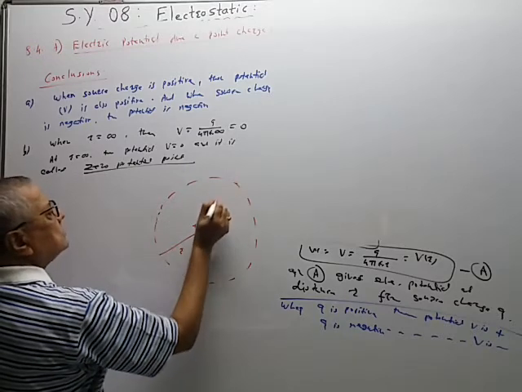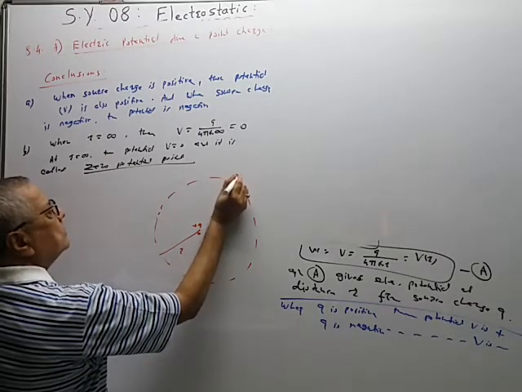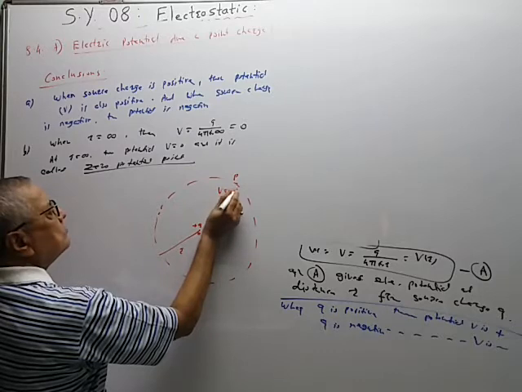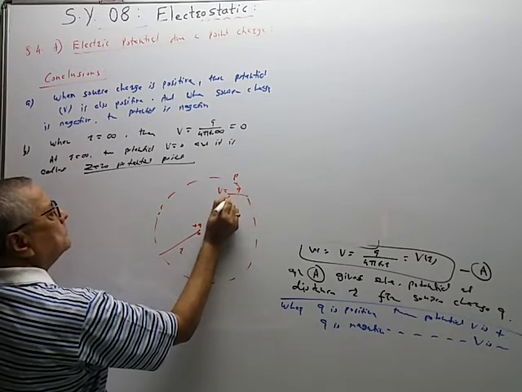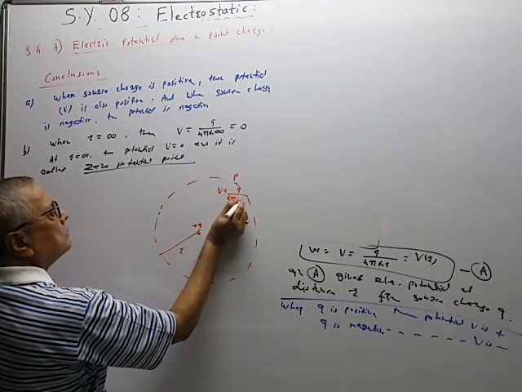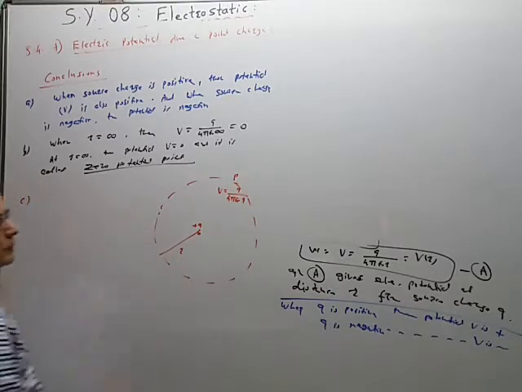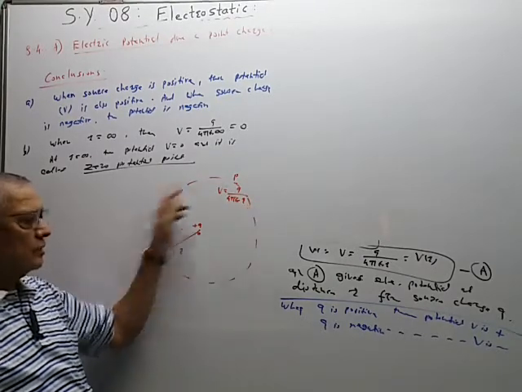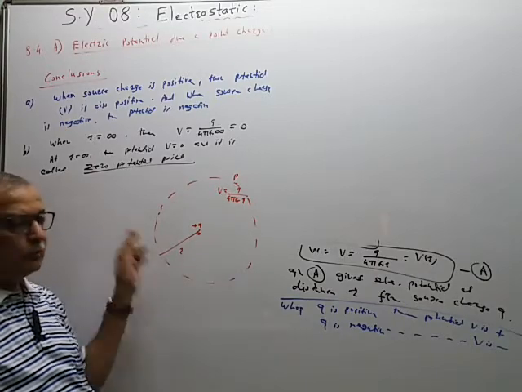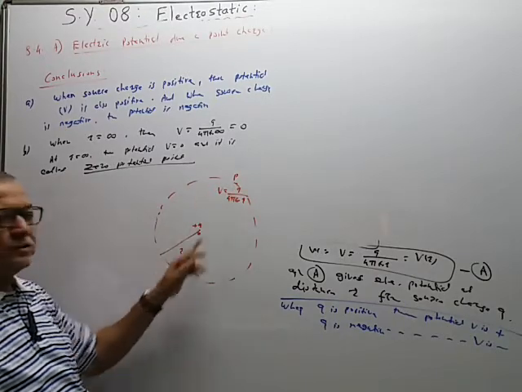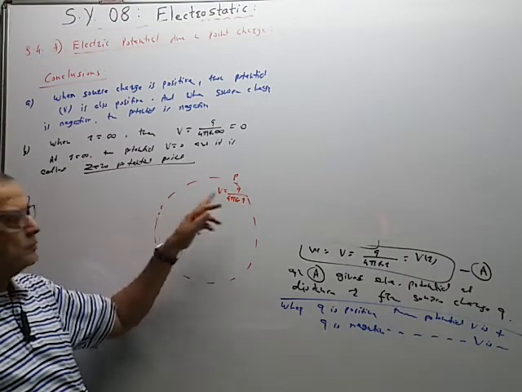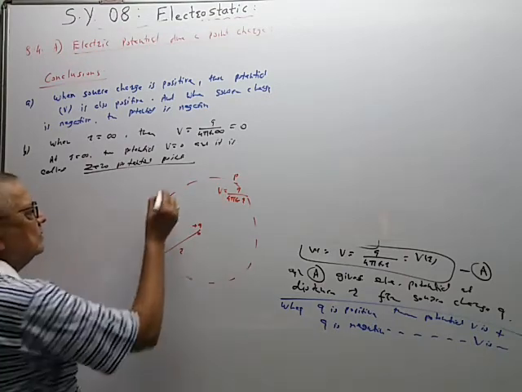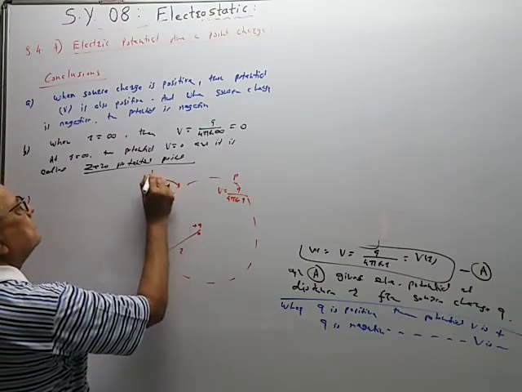So at this point P, the potential V is given by Q upon 4 pi epsilon naught r. So Q and r, the charge at the center is fixed, r is also fixed, radius of the sphere. Therefore, all these points will have same potential. Therefore, this surface is called the equipotential surface.